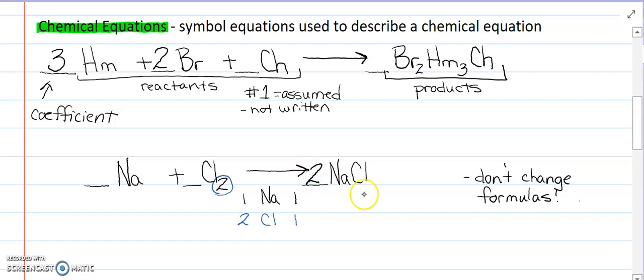Now, wait, that doesn't just affect my chlorine because literally a 2 in front of that means I have not one piece of NaCl, I have two pieces of NaCl. And if I have two pieces of NaCl, I've got my two chlorines, but I also have two sodiums. Well, that's okay because I can start with two pieces of sodium.